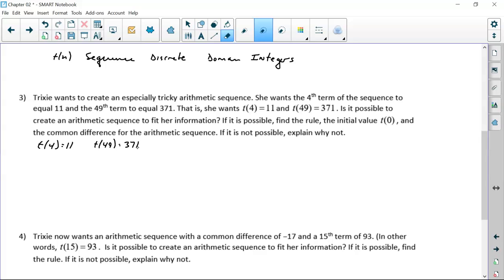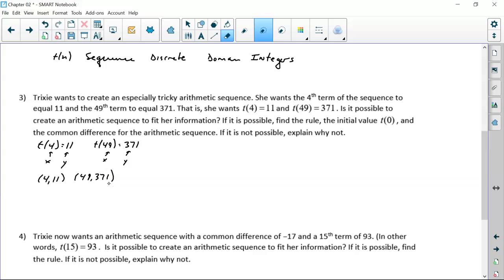Yeah. So remember that the number inside is our input, our x, and the number on the outside is like our y, our output. So we have the inputs and outputs. Thinking about it in a more familiar form, we have the points (4, 11) and (49, 371).